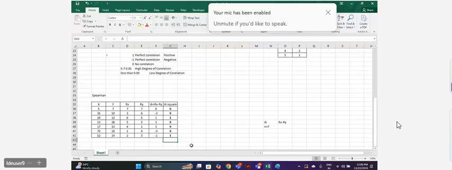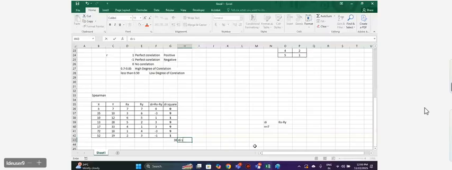So this is the summation of di squared. What people will do is square the 38 in the formula. Don't do that. Now it's a basic, simple calculation.